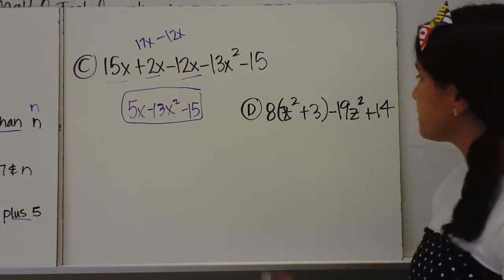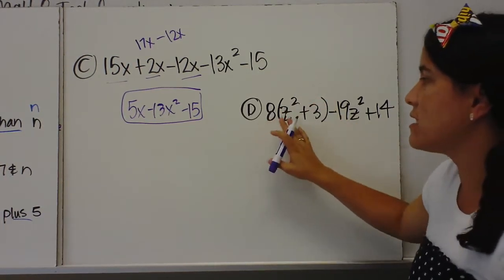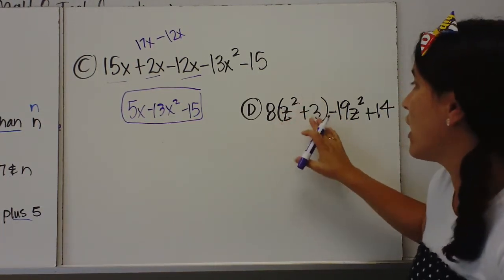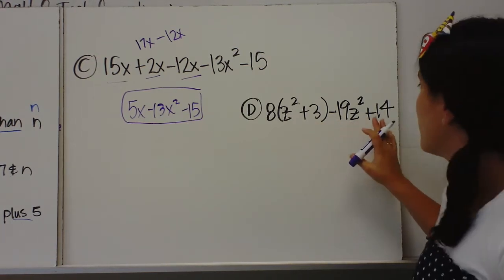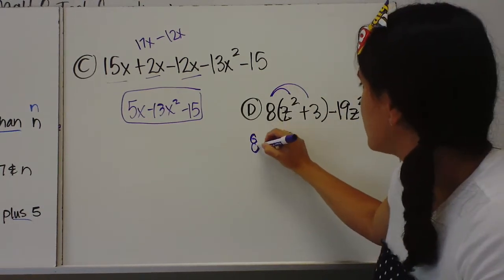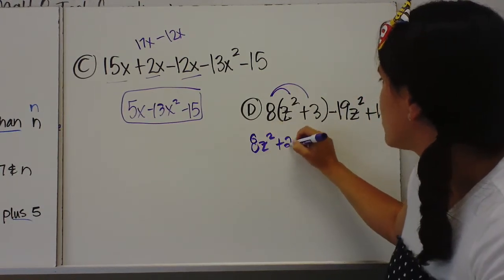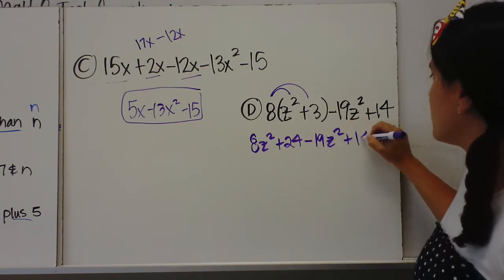Alright, and D. That's a z. 8 parentheses z squared plus 3 minus 19z squared plus 14. So we have to distribute, and we get 8z squared plus 24. Bring everything else down.